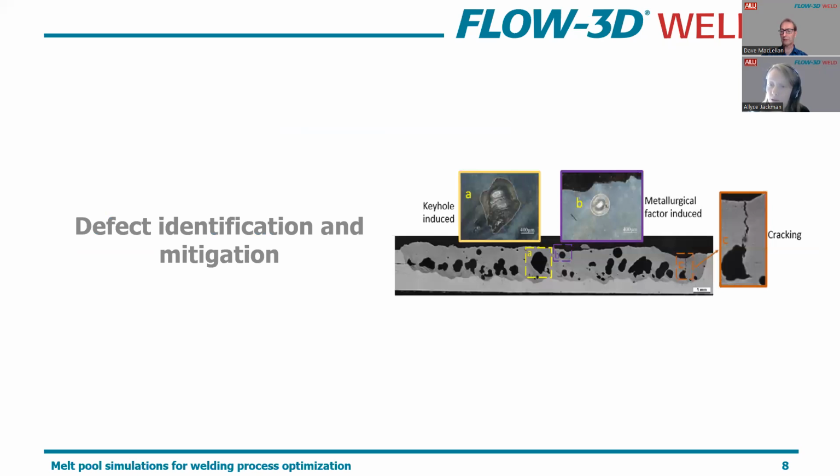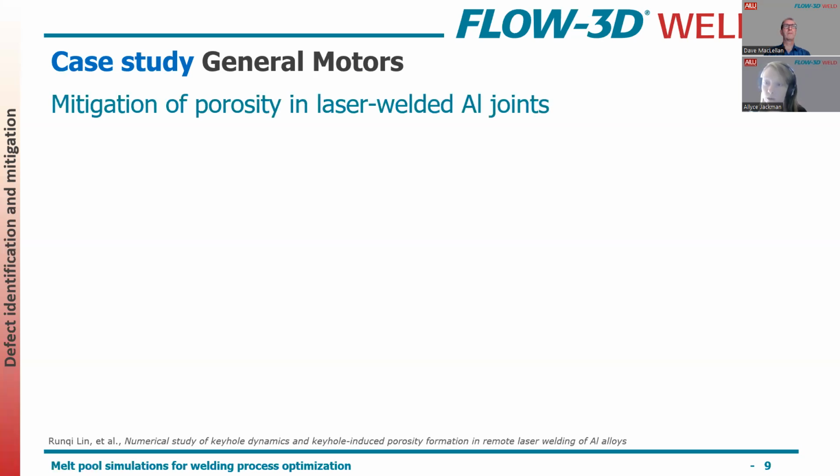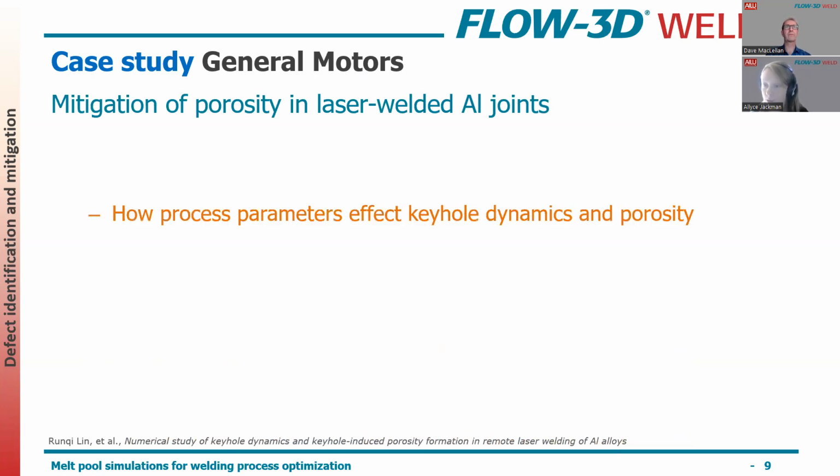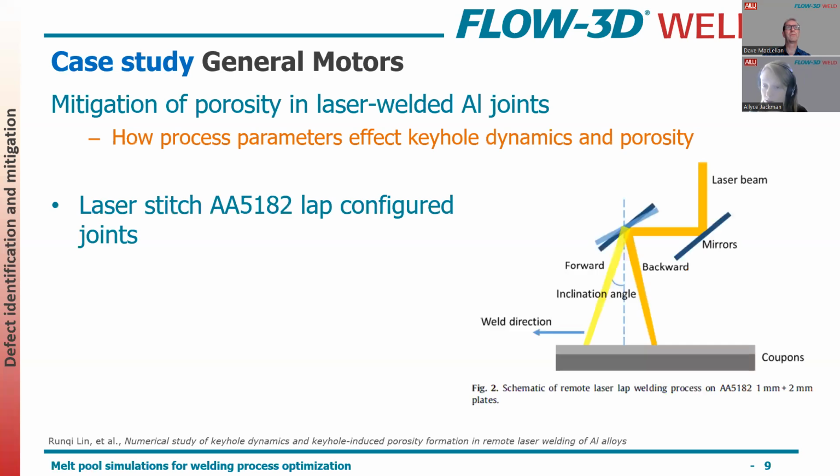So looking into defect identification and mitigation, we're actually going to talk about this case here in the image, which came from General Motors, where they were looking into mitigating that porosity in these laser welded aluminum joints, and specifically how they could use the process parameters to affect the keyhole dynamics that were directly related to the porosity.